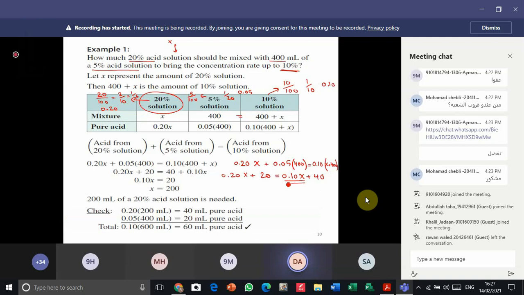Now we have x and x, move the x here, we have 0.10x equal, move the 20 to the other side, so we have 40 minus 20, 20, divide by 0.1, so the x equal 200 milliliter.